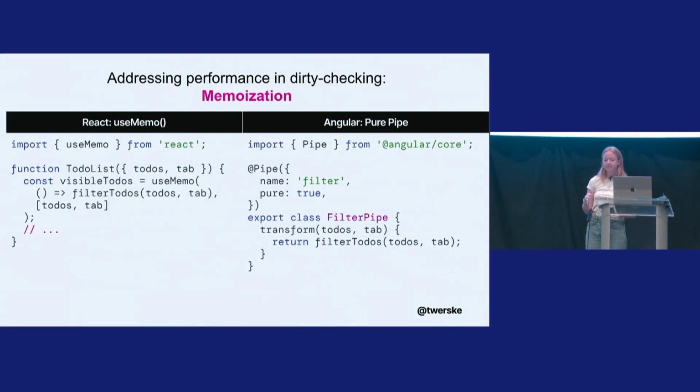So in React, memoization was supported using the useMemo hook, which uses dirty checking to memoize that expensive computation. And in Angular, we have the concept of pure pipes, which hid that technical term of memoization a little bit more, but does exactly the same thing, just with a different API and similar semantics.